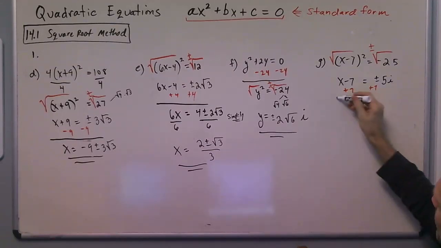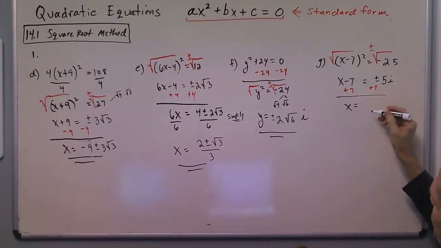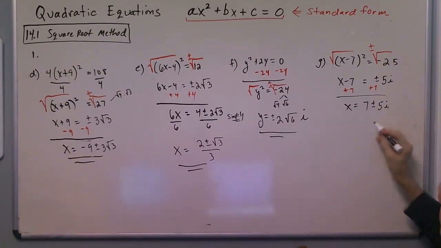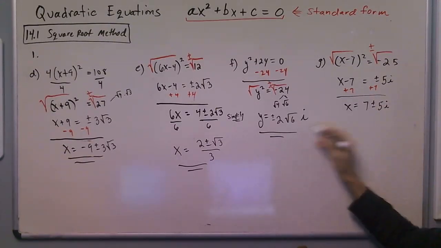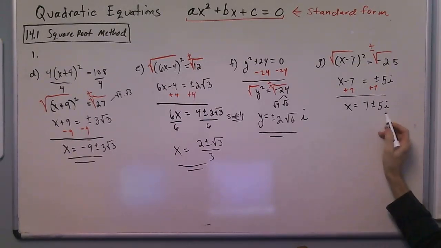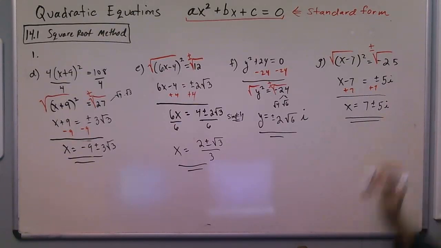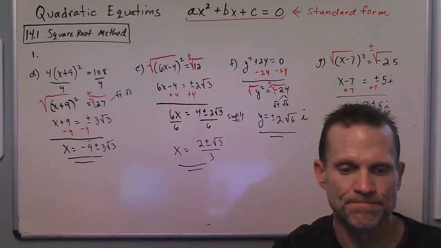And I end up getting x is equal to 7 plus or minus 5i. So on this one and on this one, we get answers that involve an imaginary number. Okay, that's it. Thanks.